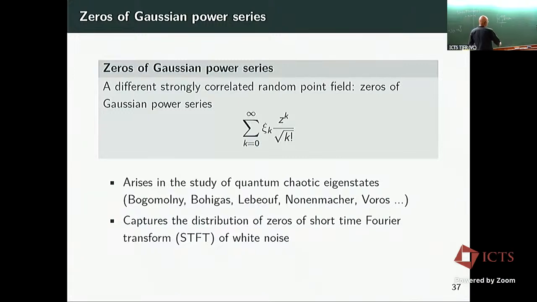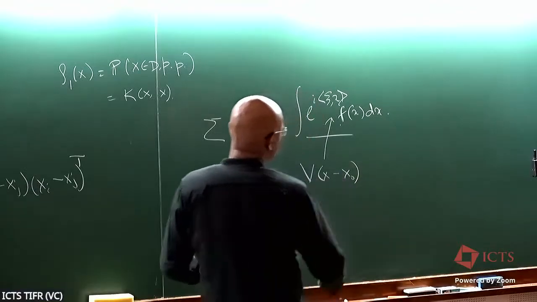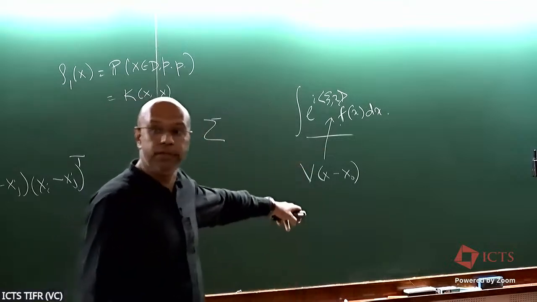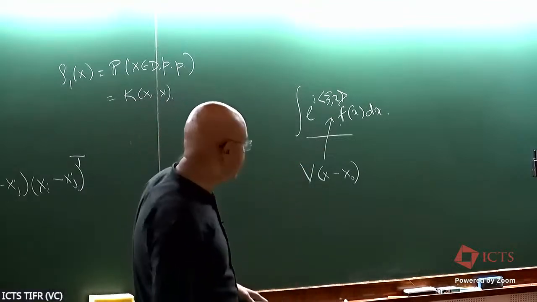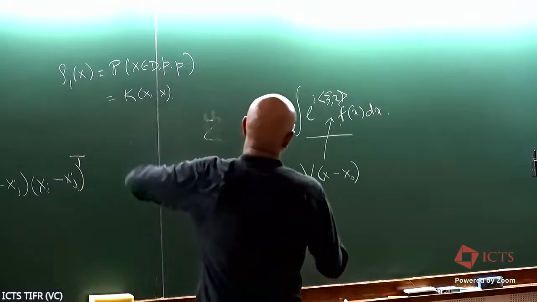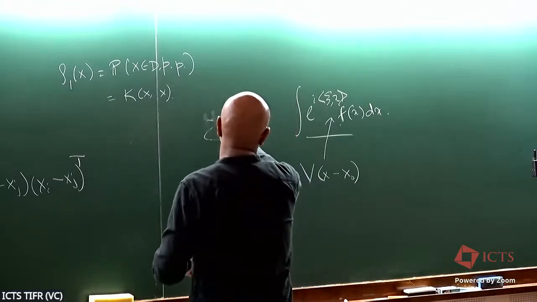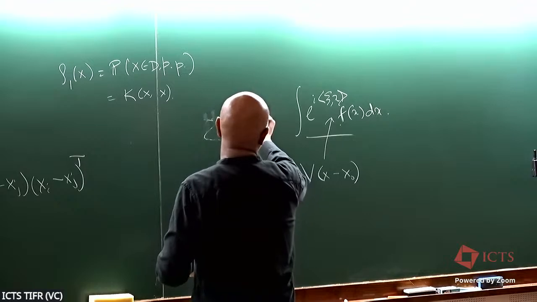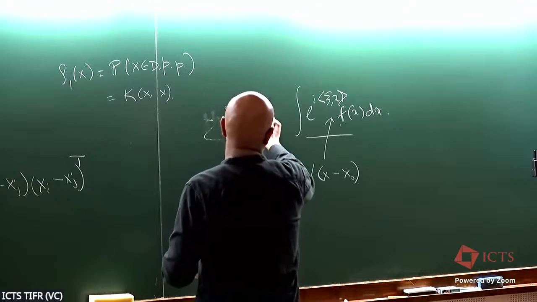You introduce some cutoff V at some center x naught, and you stick it inside the integration. This V could be a Gaussian, for instance, just to give you an idea. And then this will become a function of psi and x naught. Okay.